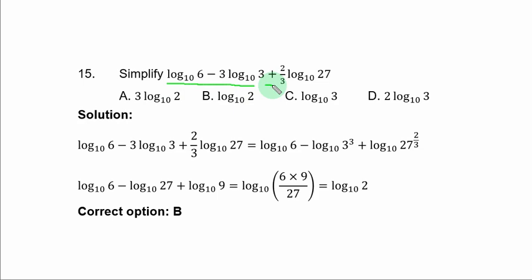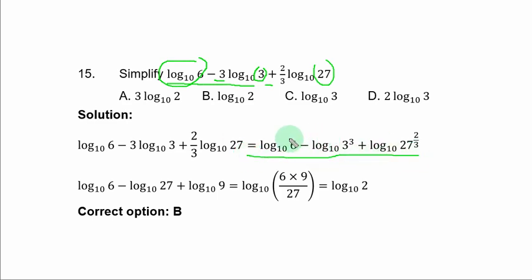Before that, the coefficient ought to be 1 in each case, just like this one. So by power law, you take 3 back, it becomes power to this 3. You take 2 over 3 back, it becomes power to 27, and that is what you have here.